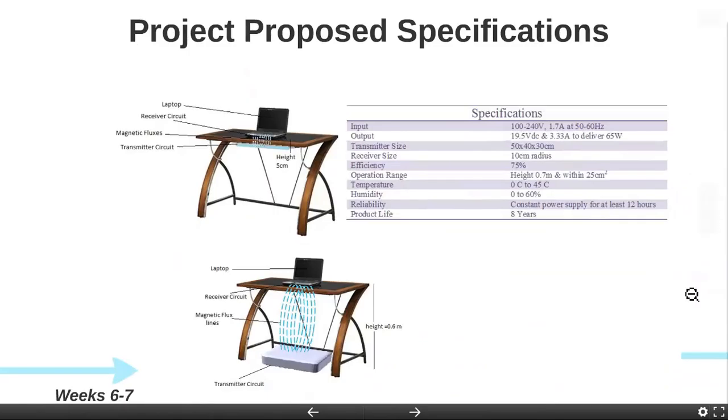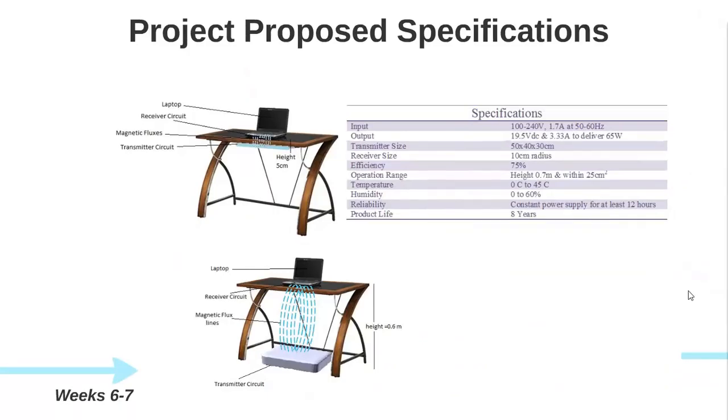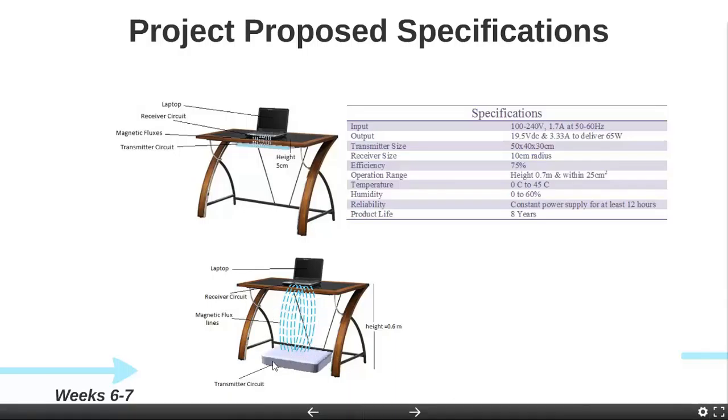Then from there we did our project specifications, and we proposed two designs. One where the transmitter circuit is just below the table, and one where the transmitter circuit is just here. The reason we had two different designs is in case we cannot fix it down here, then we can put it here, and the transmitter circuit should be able to maintain within a height of 0.6 meter.